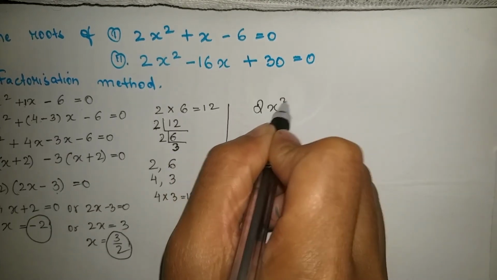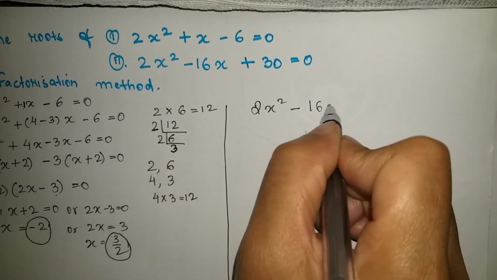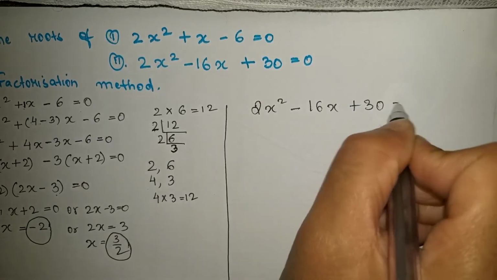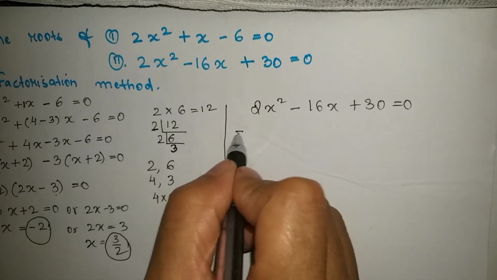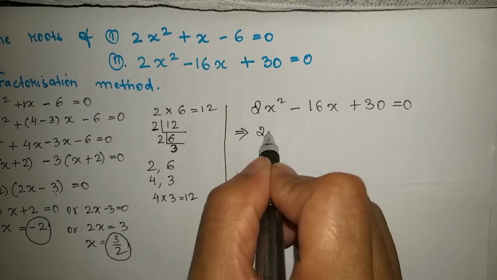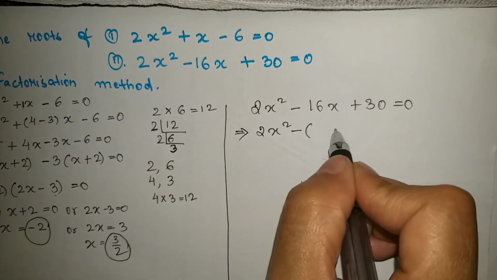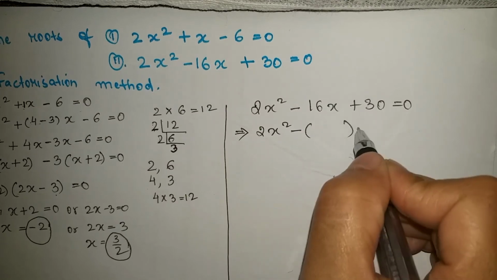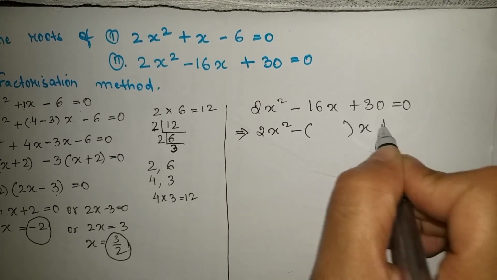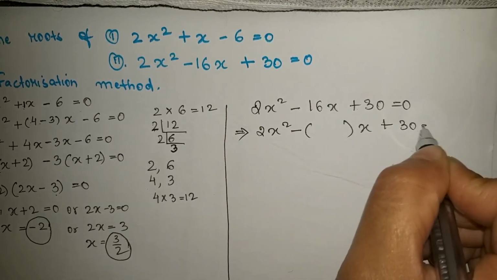Two x squared minus 16x plus 30 equal to 0. In the same manner, I'll write the whole thing, but I'll leave the 16 with a gap. X plus 30 equal to 0.